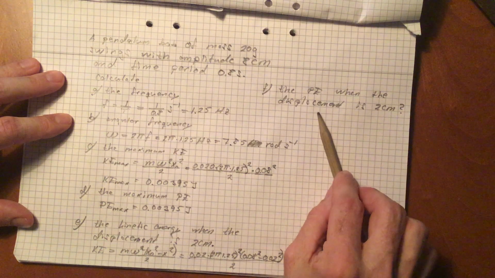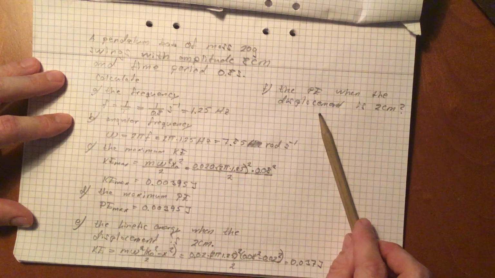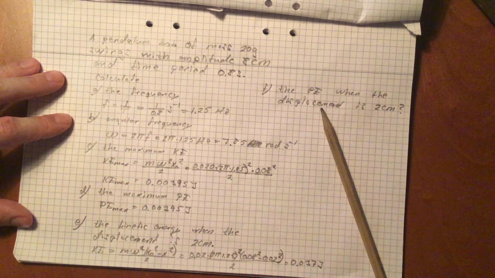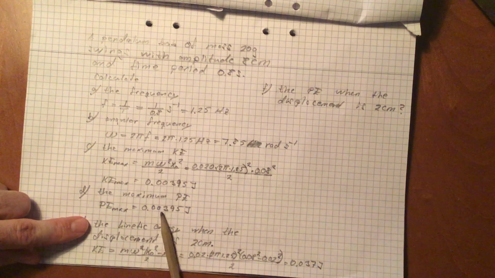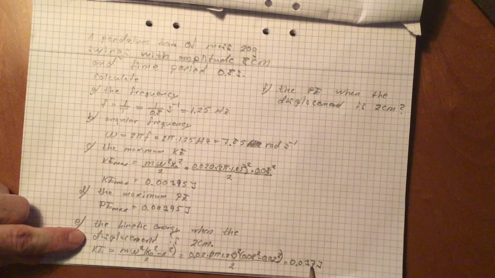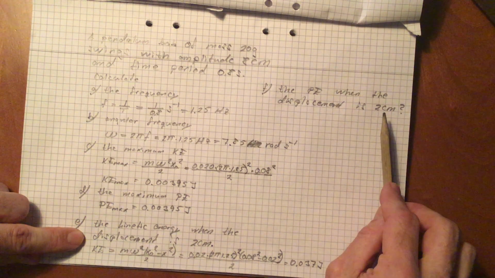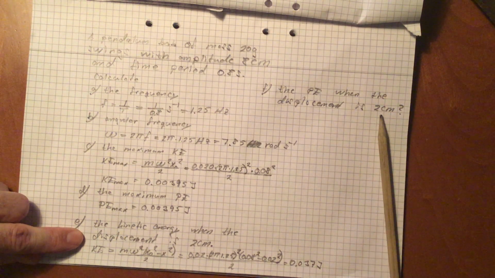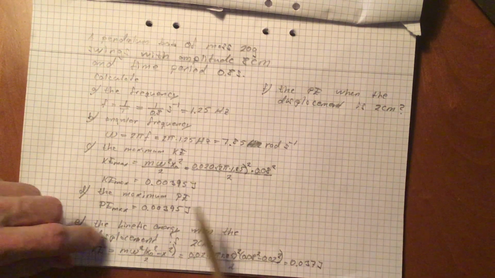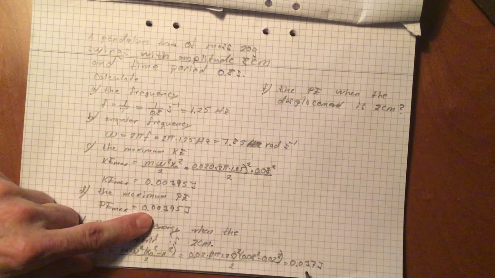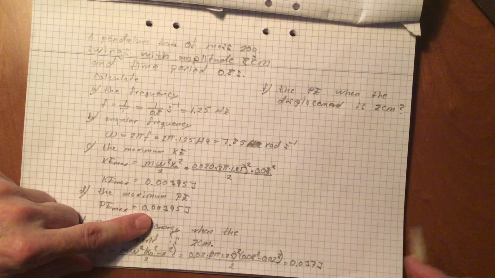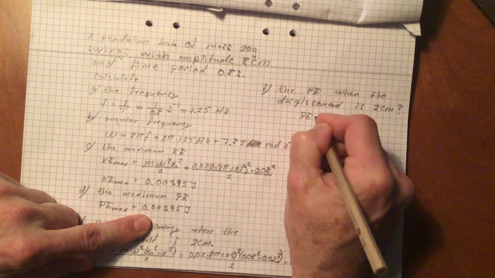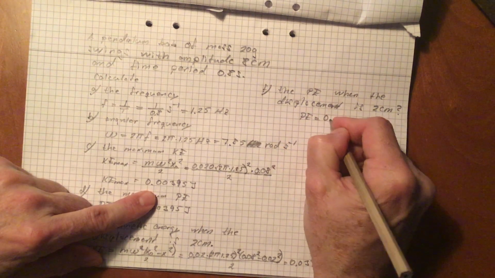Okay, so I will show you. You could use the formula for the potential energy now, of course. But we have already calculated the maximum energy and the kinetic energy at the same location. So we know if we take the maximum energy and take away the kinetic energy, that has to be the potential energy.